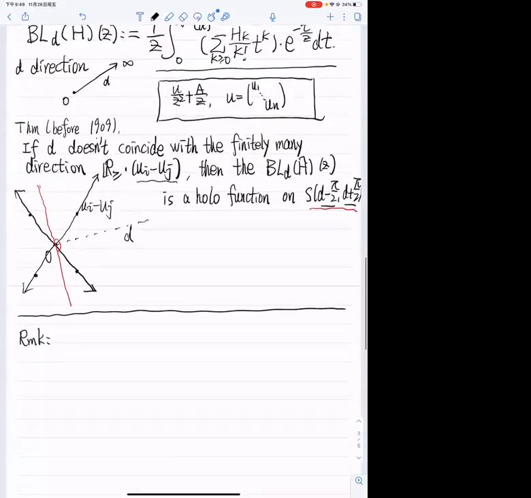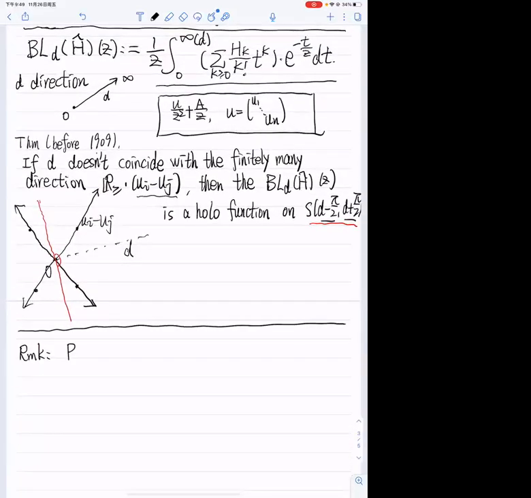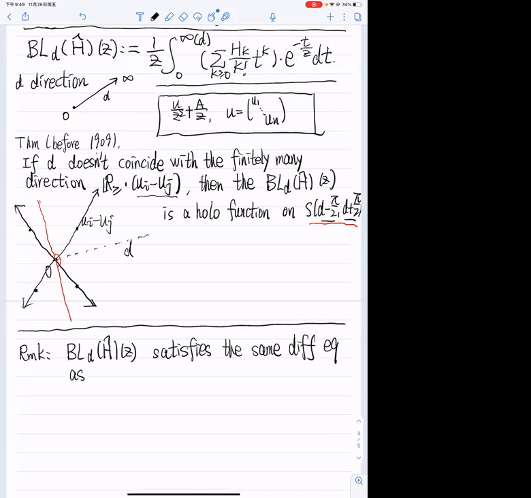Then it means that the Borel-Laplace transform of H hat satisfies with respect to Z the same differential equations as H hat Z satisfies as a formal power series.